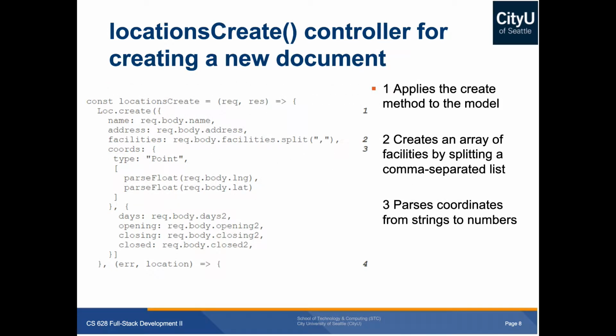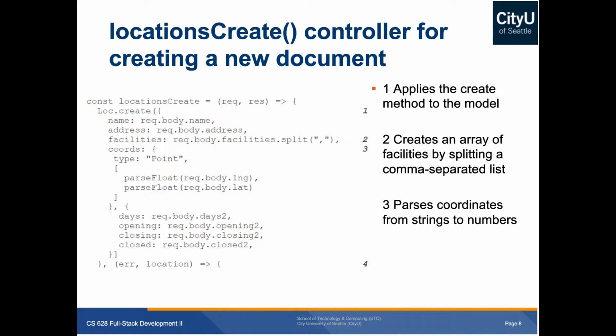In this code, we'll show you that in the locationsCreate controller, right, you would now have location.create, and we specify the name, address, facilities, coordinates as the property, and the value we would get from the request body. Remember, if someone sends form data, that form data is the body.